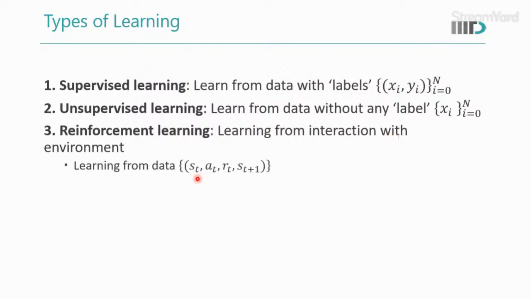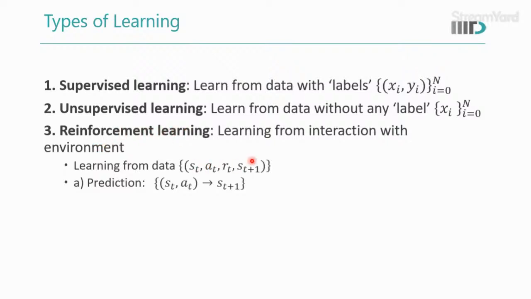So this interaction or the experience contains these tuples: the current state of the environment, the action taken by the actor or the agent, and then the reward received from the environment. This could be both supervised and unsupervised.